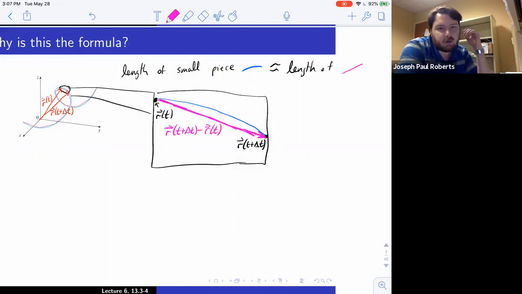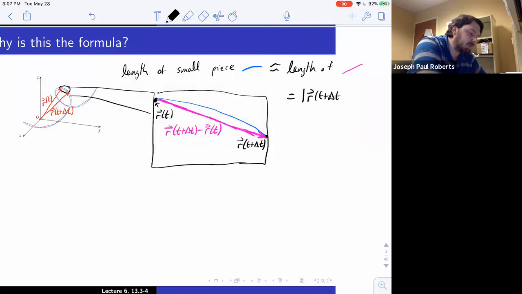The whole idea of vector addition would be that, yeah, if I add r of t plus r of t plus delta t minus r of t, I'm going to get r of t plus delta t. So that's just sort of vector addition or subtraction, however you want to think about it. And so the length of that piece, the straight line segment piece, is the length of r of t plus delta t minus r of t. Okay.